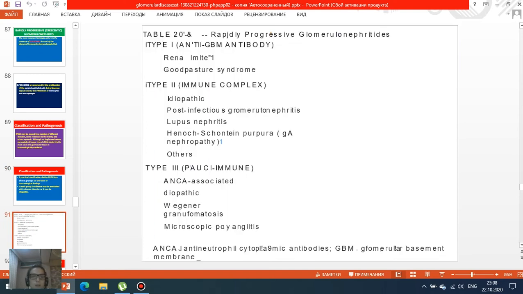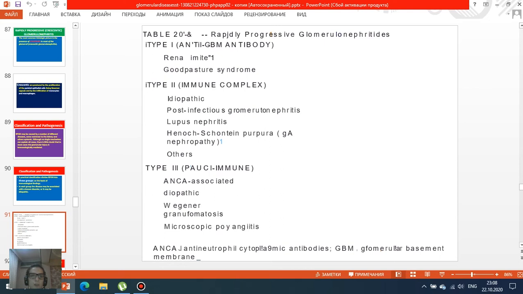In the table, you can see the classification and differential diagnostic differences between different forms of glomerulonephritis. Rapidly progressive glomerulonephritis type 1 is anti-GBM antibody, renal limited, maybe in Goodpasture syndrome. Type 2 is immune complex.